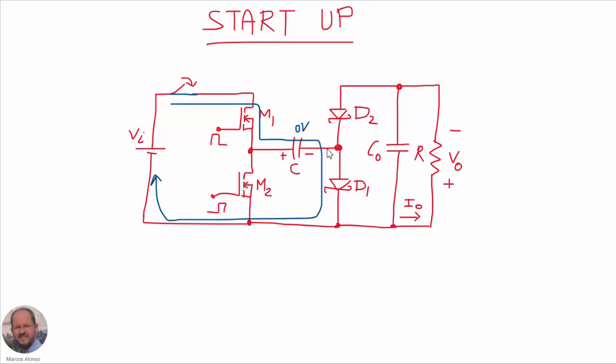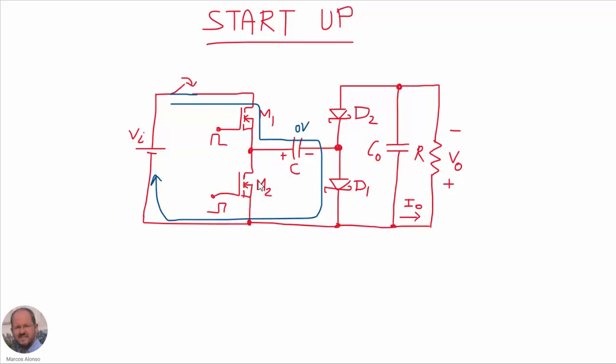If this current is high enough, then this switch M1 can fail, or even the diode can fail, so we need to limit this current during the starting up of the circuit. Similarly happens when we close switch M2.